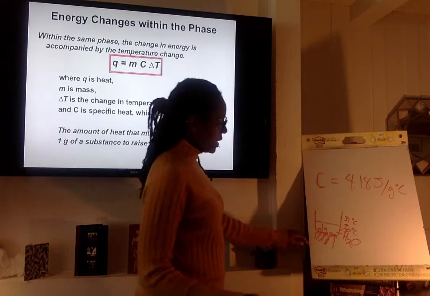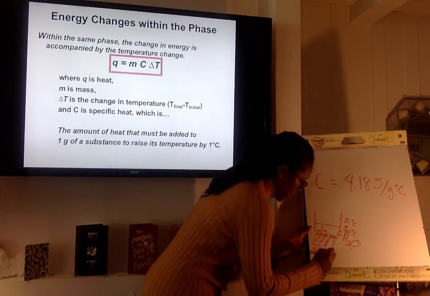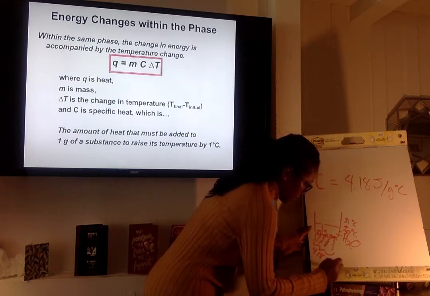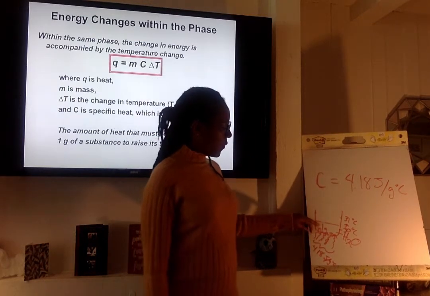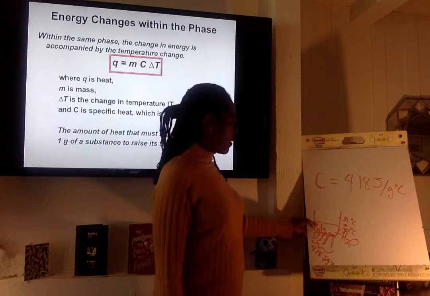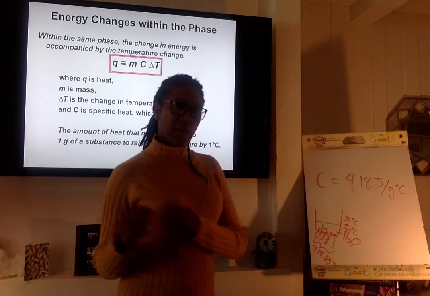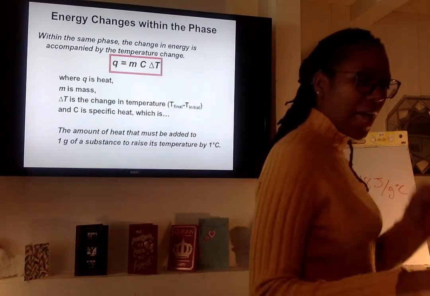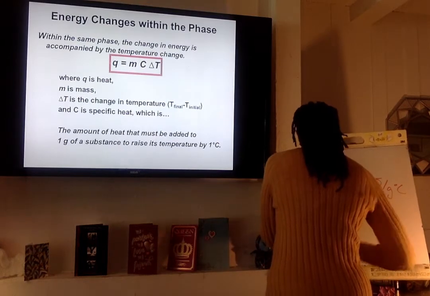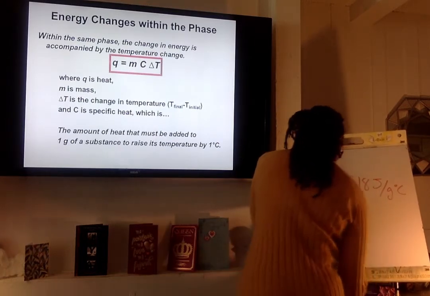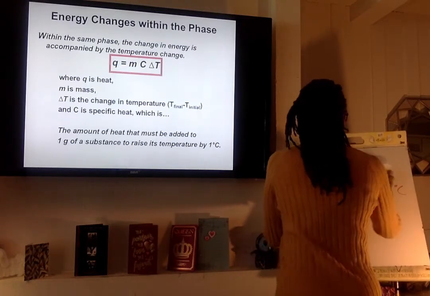That heat is 4.18 joules per gram degree Celsius. That's how much heat I needed for this 1 gram at 30 degrees Celsius to go up by 1 degree Celsius. Hopefully that makes sense. So that is your specific heat: the heat needed for every 1 gram to go up 1 degree Celsius.